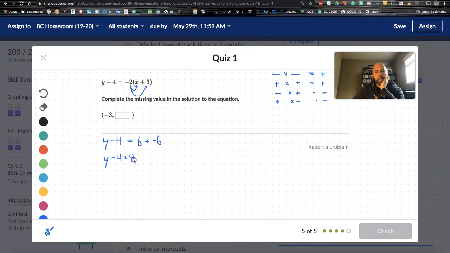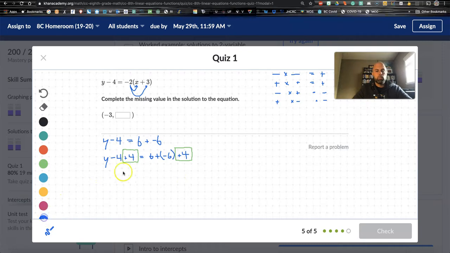And remember, I'm allowed to do anything I want, add, subtract, multiply, or divide, as long as I do it to both sides of the equation. 6 plus negative 6. Is that confusing, plus minus together? Let's put parentheses right there. 6 plus negative 6 plus 4. Now remember, the reason I'm adding plus 4 there is because whatever I bring into the equation, I need to bring in on both sides, just to keep it even.